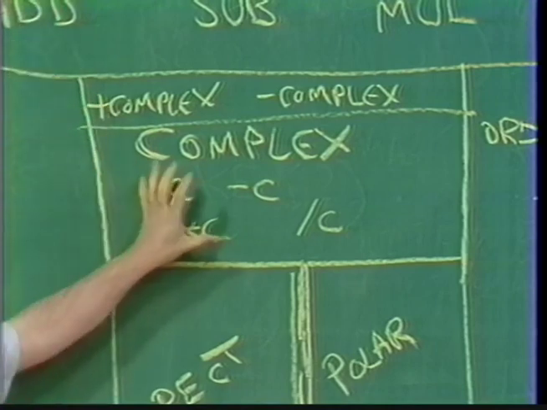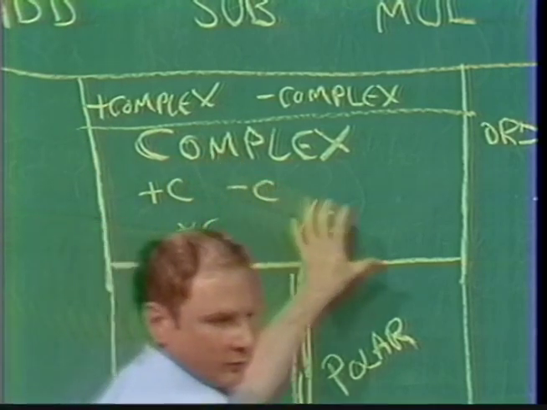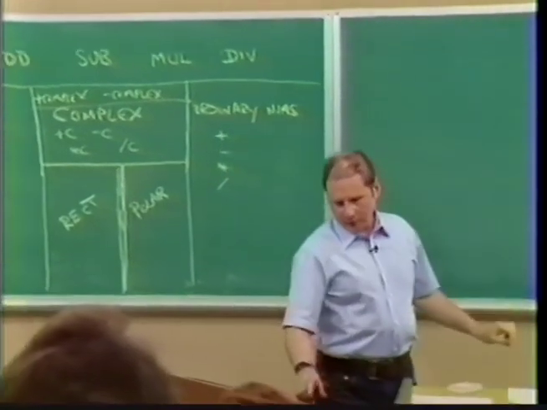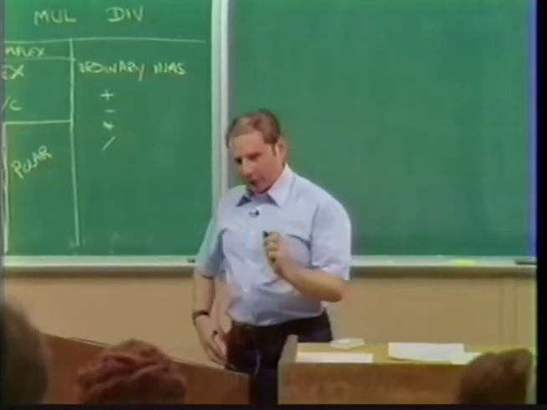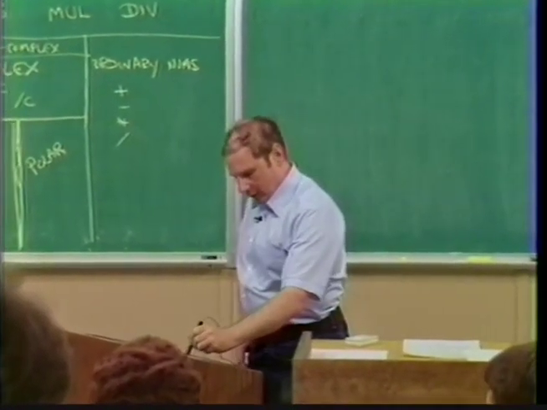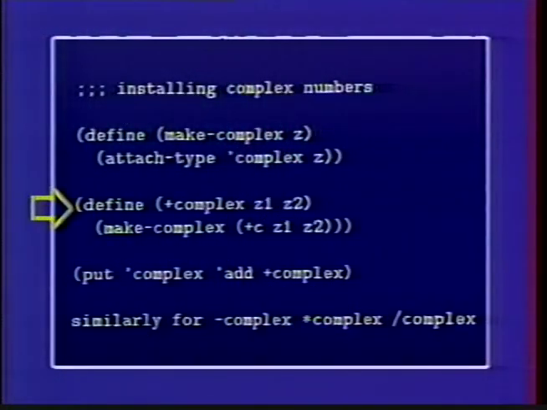And these are our internal operations. Okay. Let's go look at that slide again. There's one more thing we do. After defining plus complex, we put under the type complex and the symbol add that procedure plus complex, and then similarly for subtracting complex numbers and multiplying them and dividing them.